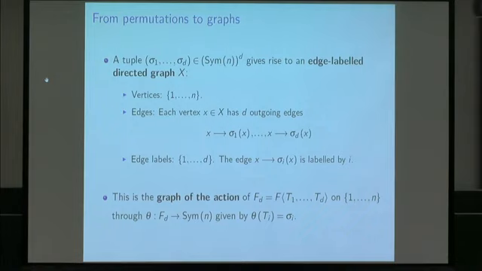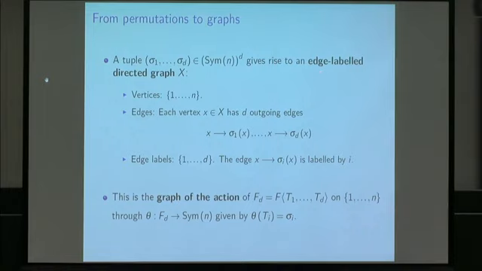Okay. And now I'm starting with something new that was not in Alex's talk. I want to translate the problem to the language of graph theory, the language of labeled graphs. So if I have a tuple of permutations, sigma 1 up to sigma d, it gives rise to an edge-labeled directed graph.